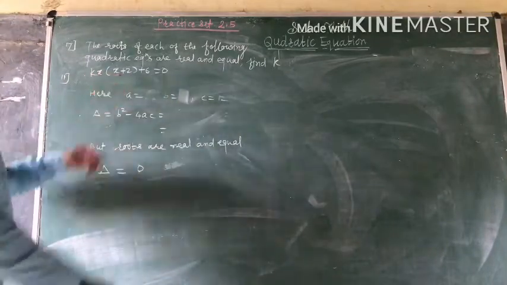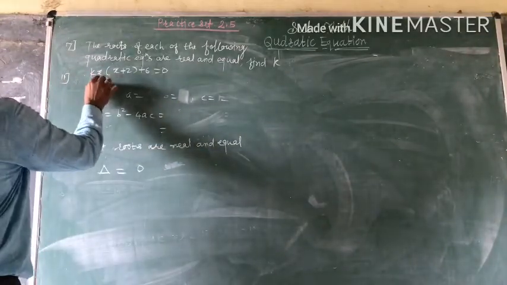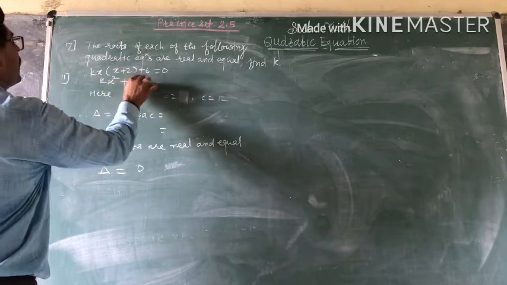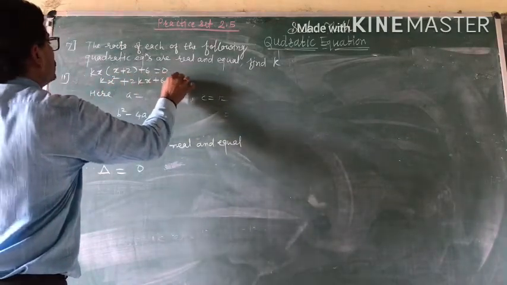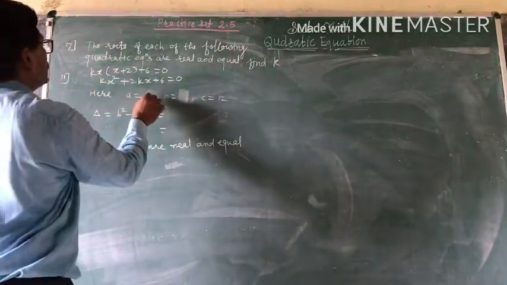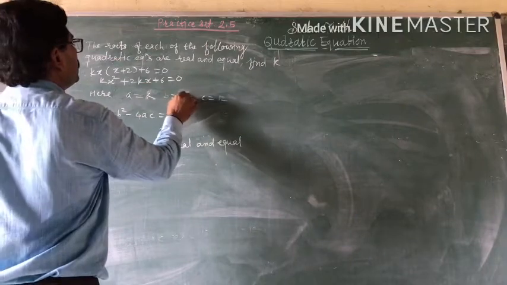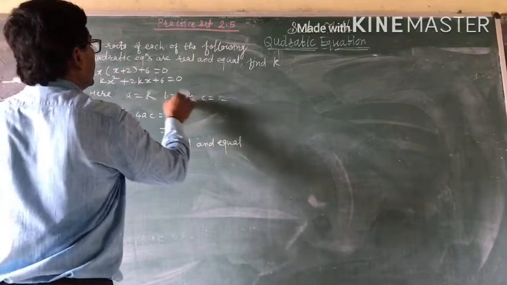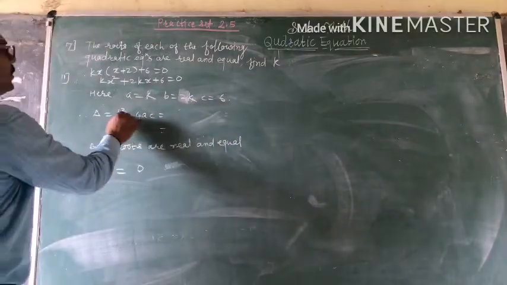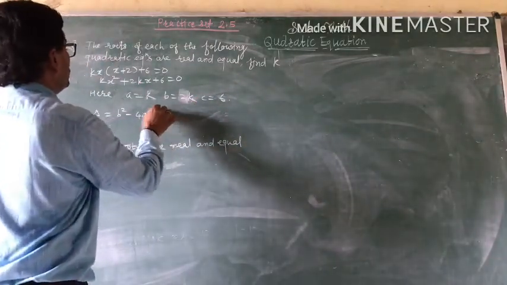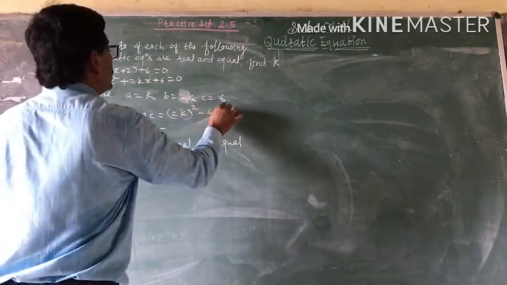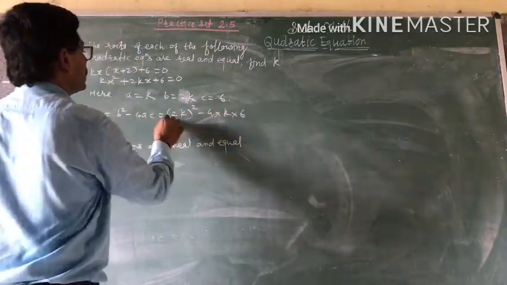The given equation simplifies to kx square plus 2kx plus 6 is equal to 0. Compare with this ax square plus bx plus c is equal to 0. Here a is equal to k, b is equal to 2k and c is equal to 6. Therefore, find out b square minus 4ac.